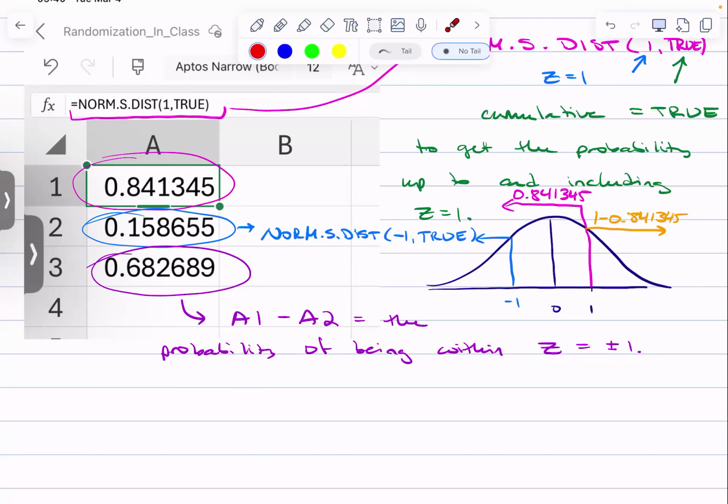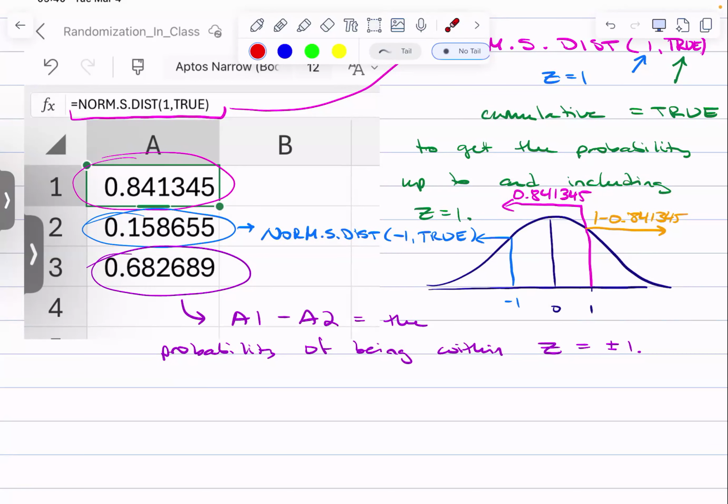I used a mu of 0 and a sigma of 1 because that's what Z has. Right? There you go.